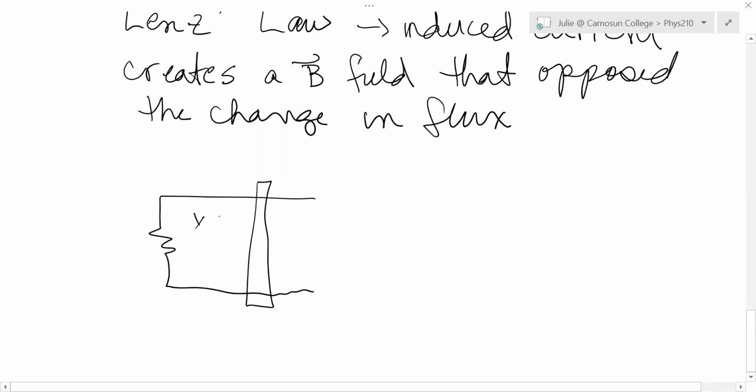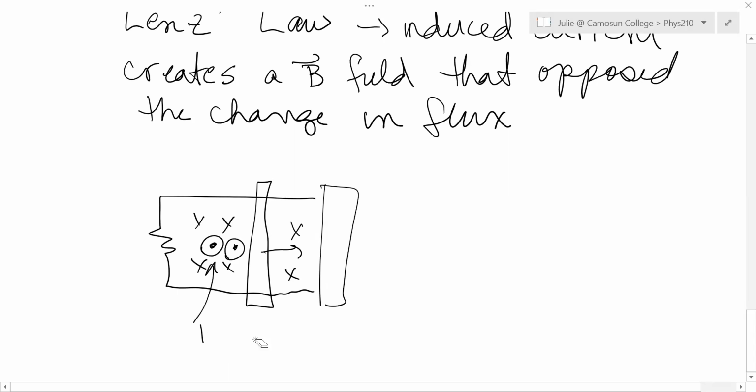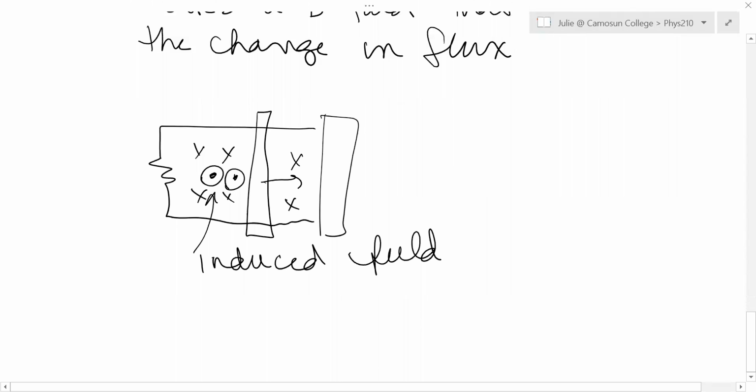So let's do this. Okay, so here's initial 1, 2, 3, 4 lines. I move it over and I've got 6 lines now. Well, it doesn't want 6, it wants 4. So what it's going to do, it's going to induce a magnetic field to produce dots to cancel out those extra X's. So this will be a dot, there'll be 2 of them. So this will be the induced field. It tries to cancel the X's. Now, the way you figure out which way the current goes, put your thumb in the direction of the dots, they point out.